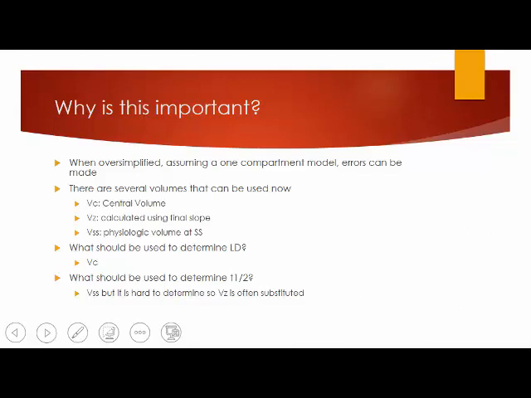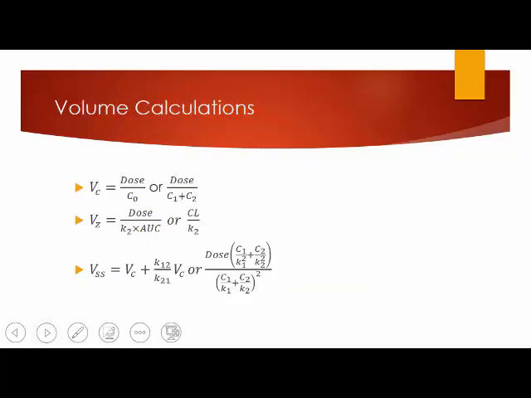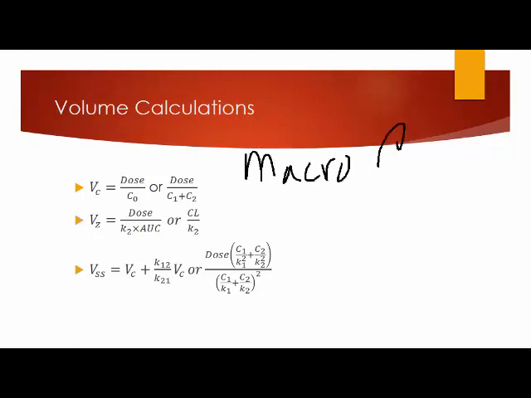So here's how you can measure all of those. By using, as you can see, your macro and micro constants here. These are all macro constants. Remember, your macro constants are your y-intercepts and your slopes of your different compartments.